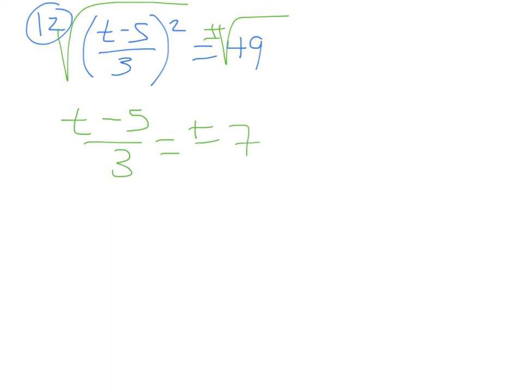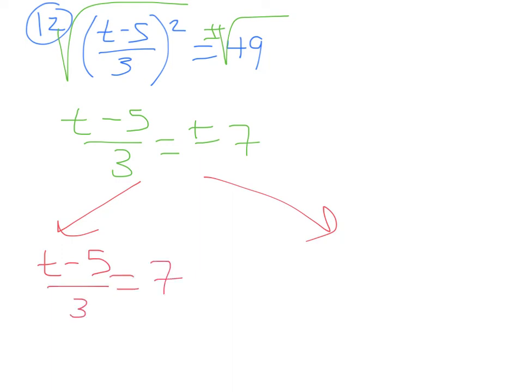When you have a plus or minus in the middle of a problem, it's a little hard to work things out with it. The easiest thing to actually do is to split it up into 2 from there. So I'm going to now rewrite this as t minus 5 over 3 is equal to positive 7, and t minus 5 over 3 is equal to negative 7.